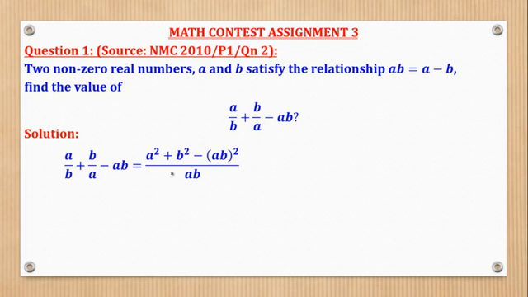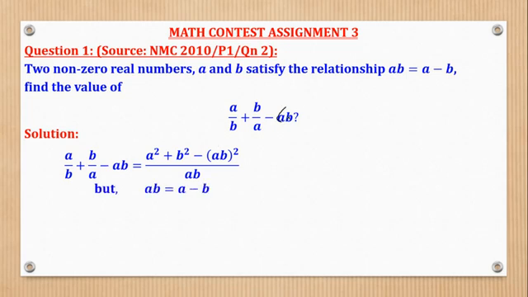So LCM is AB. So AB divided by B remains with A times A to give you A squared. Also AB divided by A is B, B times B is B squared. Then minus AB, so this is like over 1. So AB divided by 1 is AB times AB to give you AB squared.